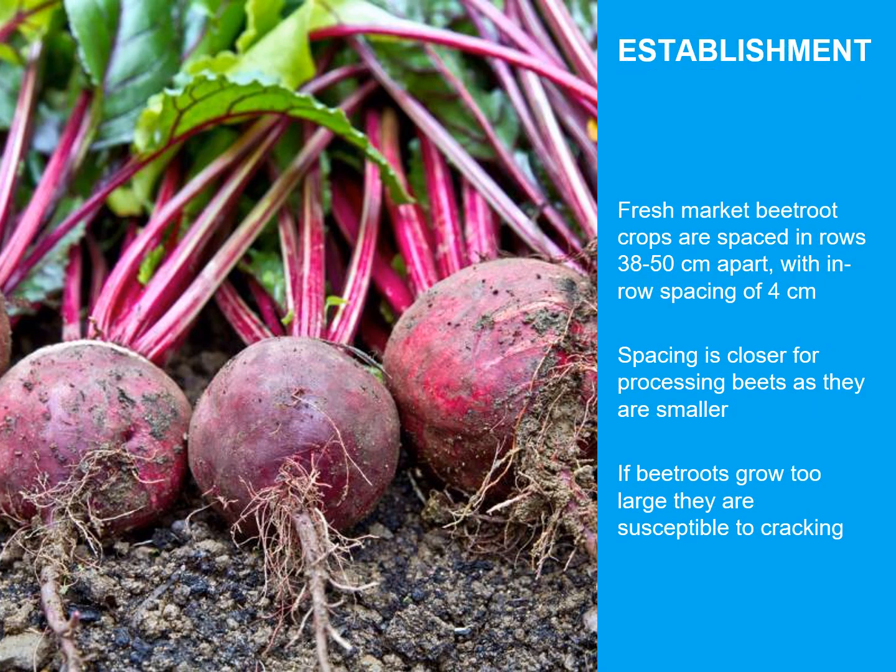Fresh market beetroot crops are spaced in rows about 38 to 50 centimeters apart and have very close in-row spacing, which may be thinned out according to the market requirements. Spacing is generally closer for beetroots which are used in the processing market, as they're typically harvested earlier and therefore much smaller. If beetroots grow too large and too quickly, they can be susceptible to cracking, which would make a crop unsaleable.